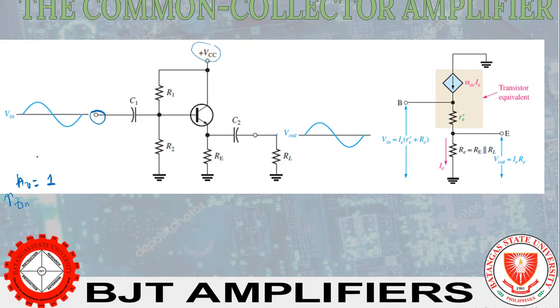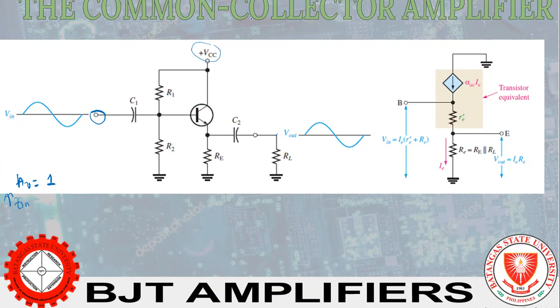Okay? So, an emitter follower circuit with voltage divider bias. So, meron tayong voltage divider bias. So, notice that the input signal is capacitively coupled to the base and the output signal is capacitively coupled from the emitter. And the collector natin ay i-ground natin. I-ground natin yung ating AC ground natin, yung ating collector. Okay? So, there is no phase inversion.